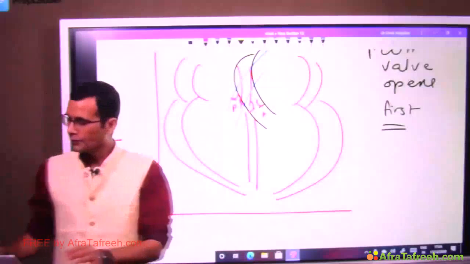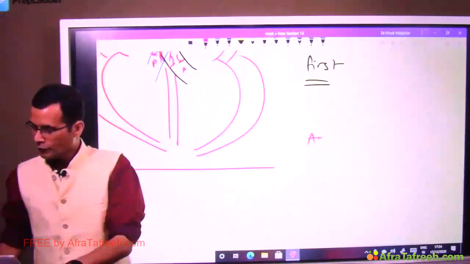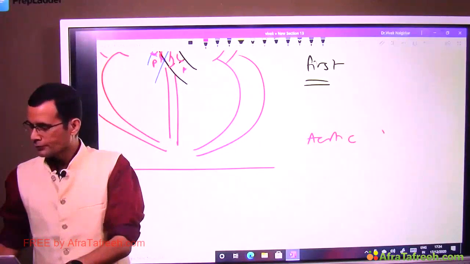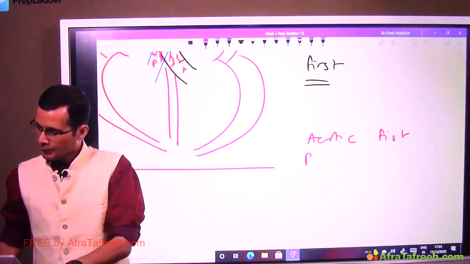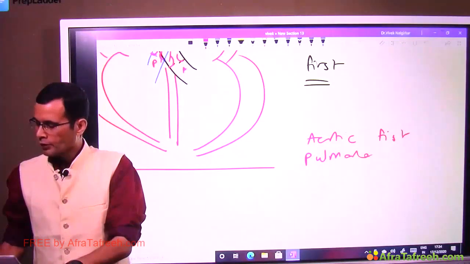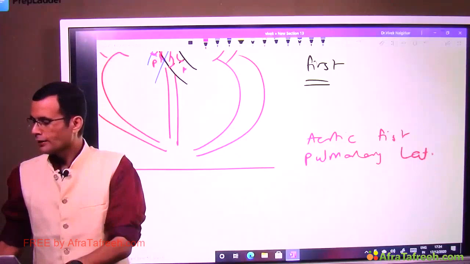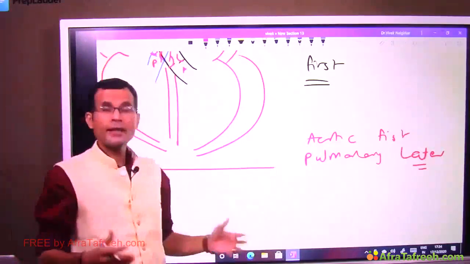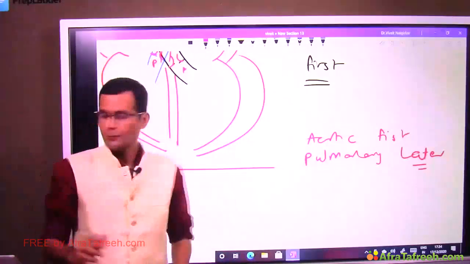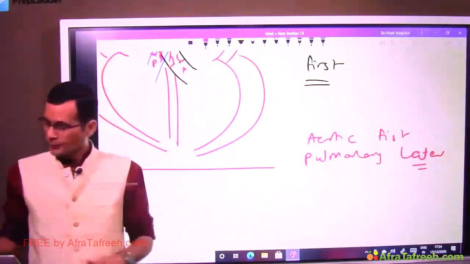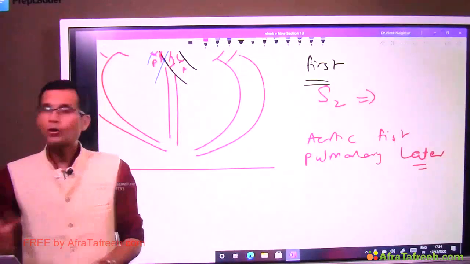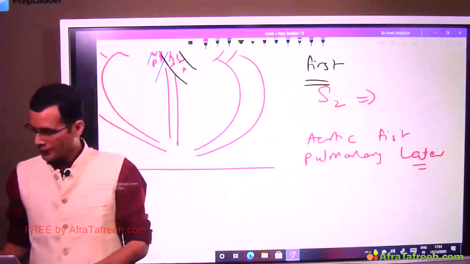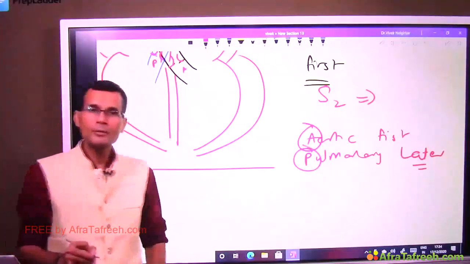So remember, aortic valve closes first and pulmonary valve closes a little later, and the closure of these two valves produces the second heart sound. So second heart sound will have two components, aortic and pulmonary.